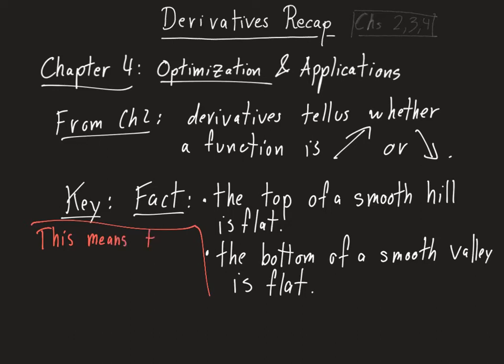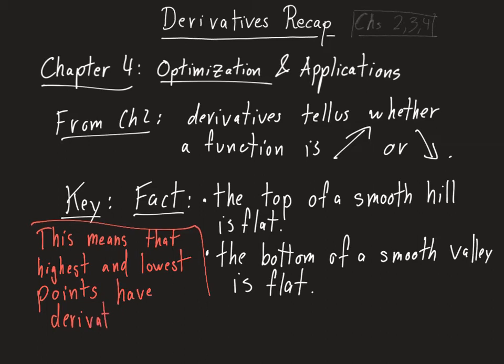This means that highest and lowest points have derivative equal to 0. In other words, they are flat.